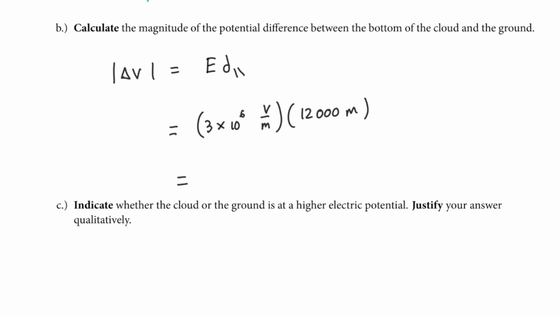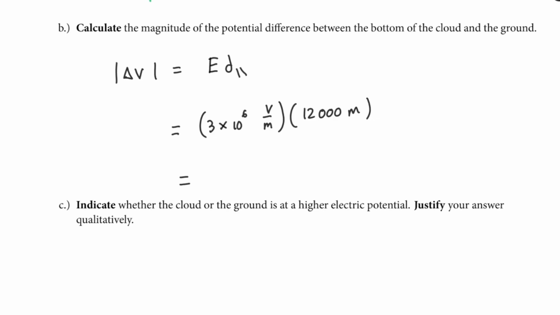So it's the height difference between the two. And that's going to be 3.6 times 10 to the, well, I get 3 zeros and a fourth, so 10 to the 10th volts.